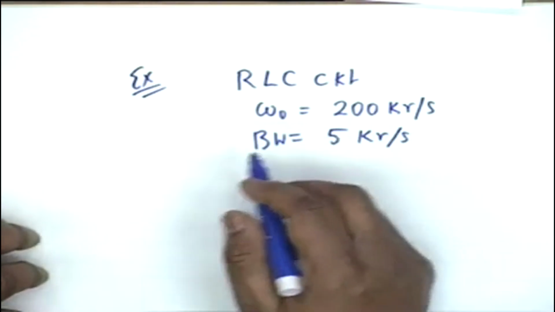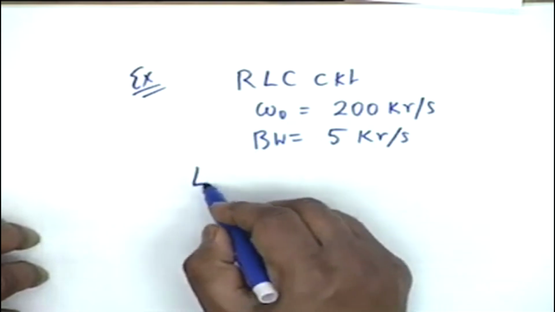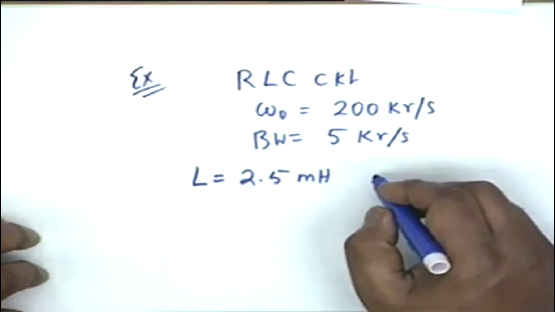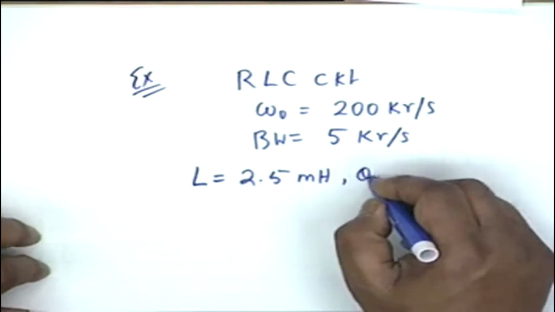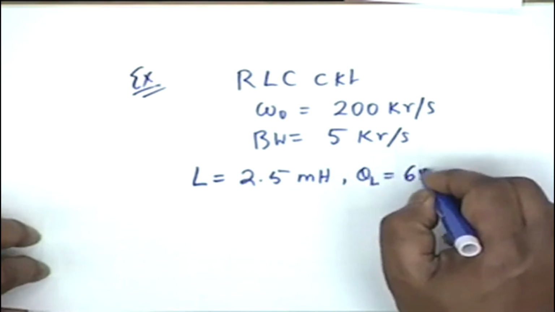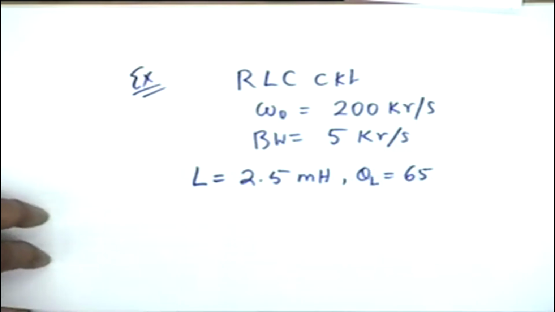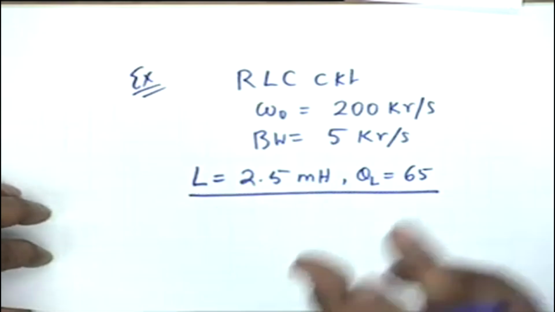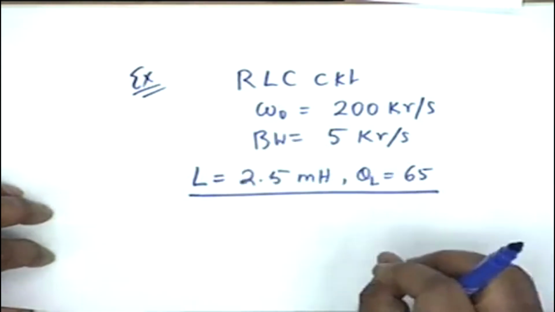You have an inductance of 2.5 millihenry, and a Q of the inductance of 65 is available. What is given to you is an inductance whose value is 2.5 millihenry. It has certain resistance.